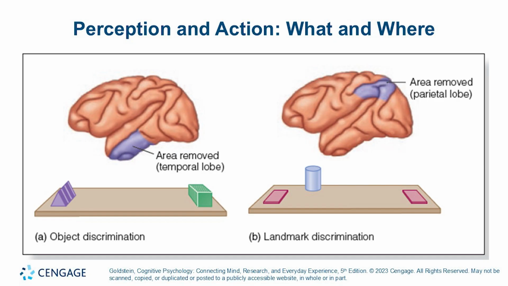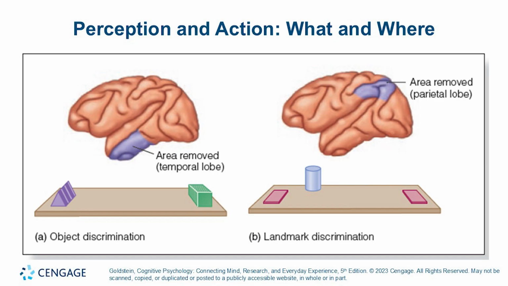And one of these key experiments was done in monkeys that were trained to do two separate tasks. The first task was an object discrimination task, where monkeys were trained to always look under a certain object where food would be hidden. So, for example, underneath the purple triangle on the left side of the display that was put in front of them.